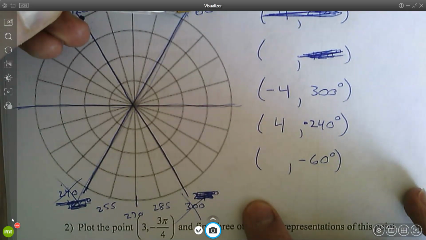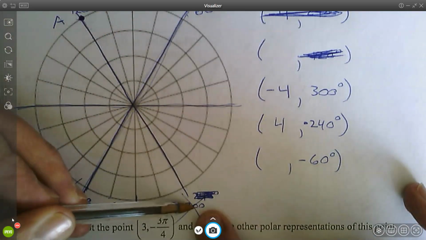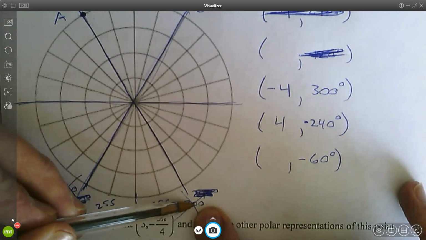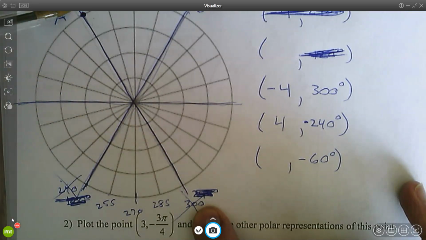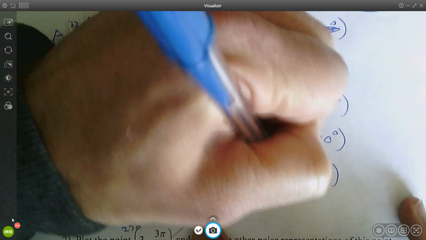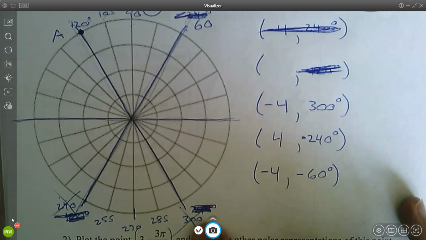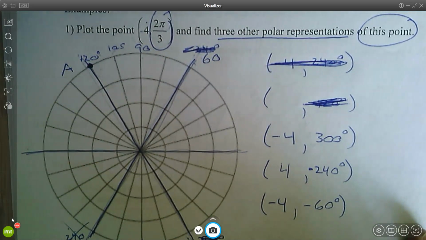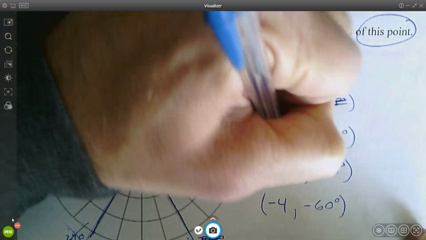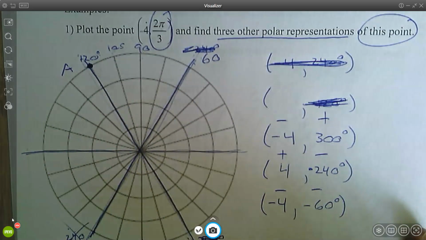So once you take -60, you're going to be down on this line with the 300. It's not moving towards the 300, so the radius has to be negative. So this has to be -4. What you're going to find out, you're going to use every iteration of sign. So this was positive, positive, negative, positive, positive, negative, negative, negative.